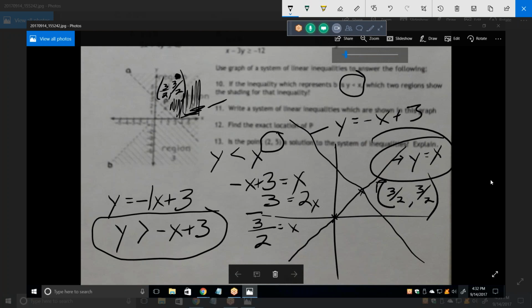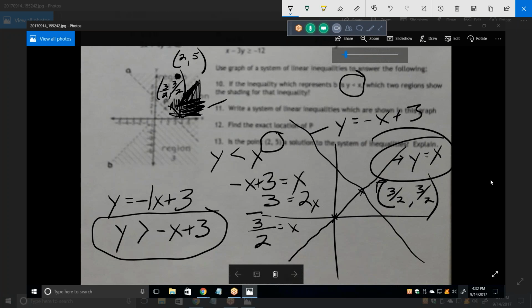We were greater than that line, and the joint region was where we were greater than that line, but less than the other line. So what I've drawn in black here is the proper region, and that point is outside that region. This point here, 2 comma 5.